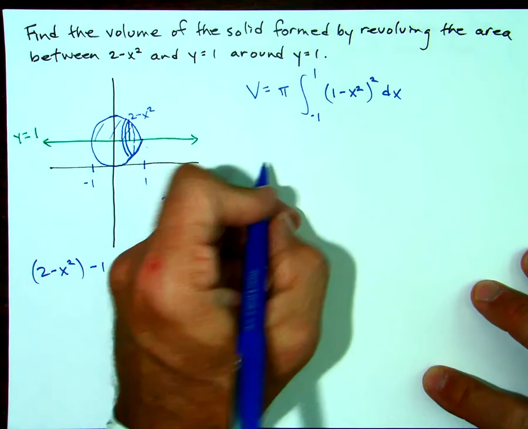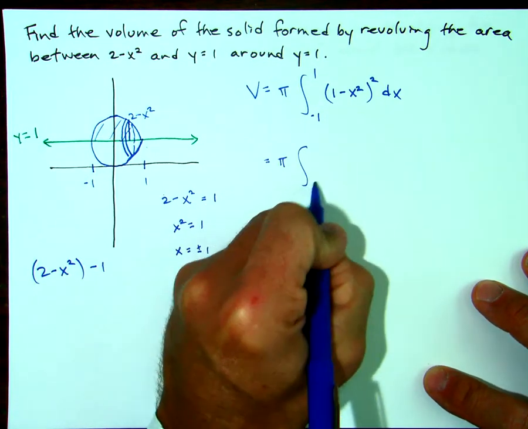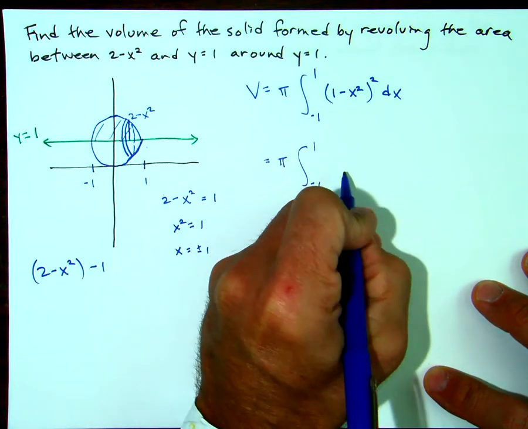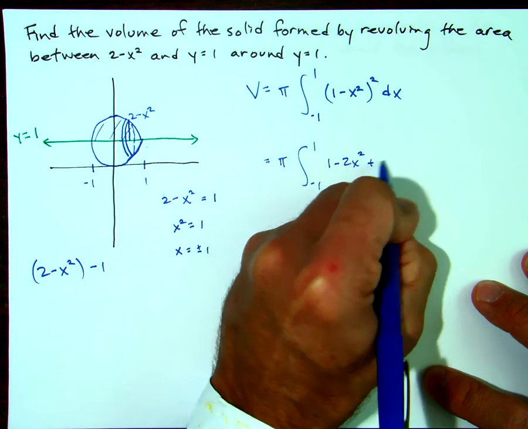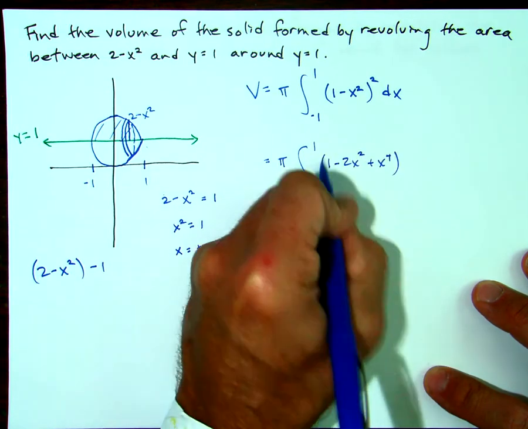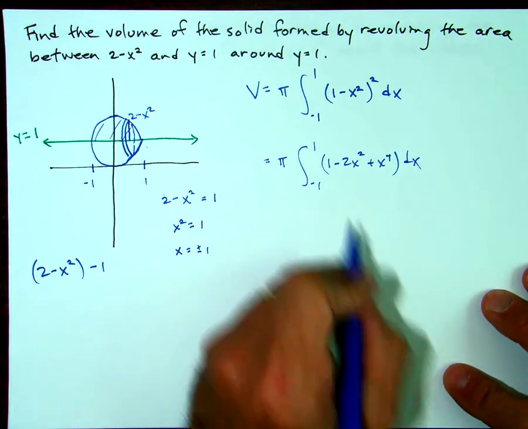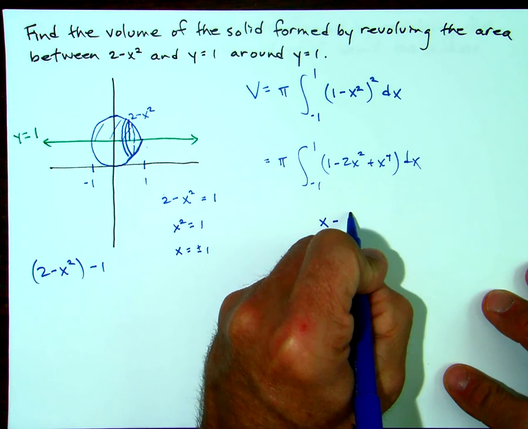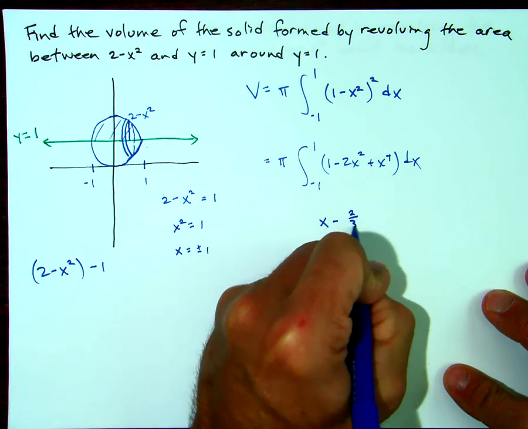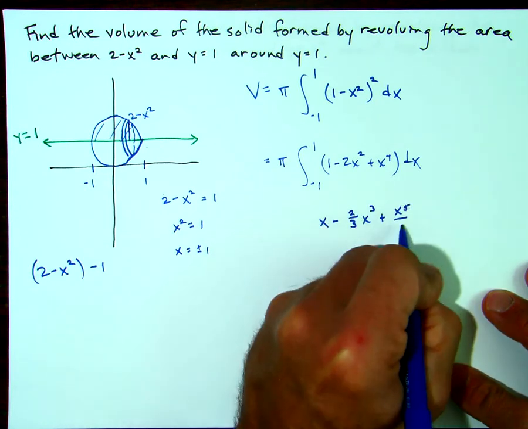So if I square this out, I would get 1 minus 2x squared plus x to the 4th. All right, so now to find the antiderivative, I can just do that term by term. The antiderivative of 1 is x. Then I end up with 2 thirds x cubed plus x to the 5th over 5.